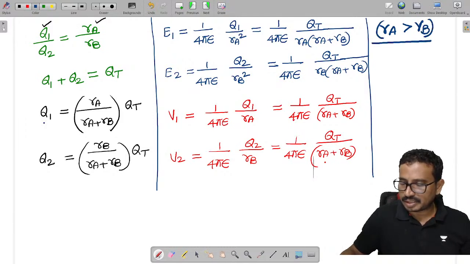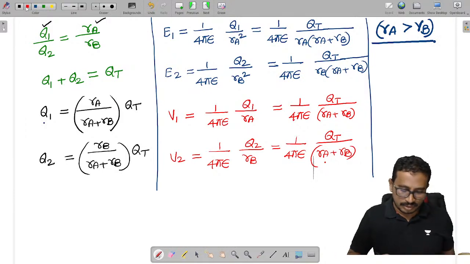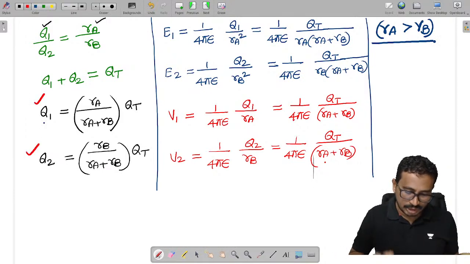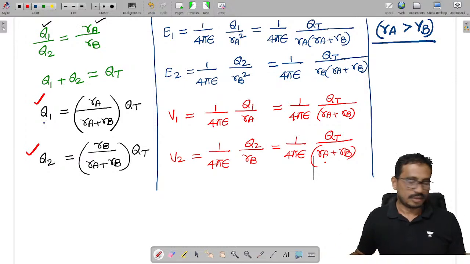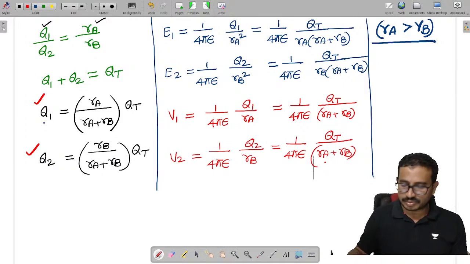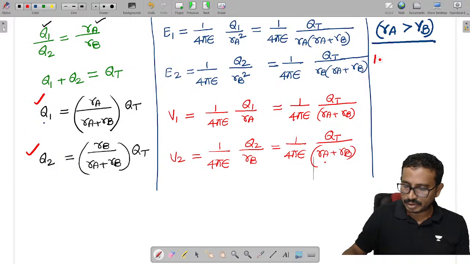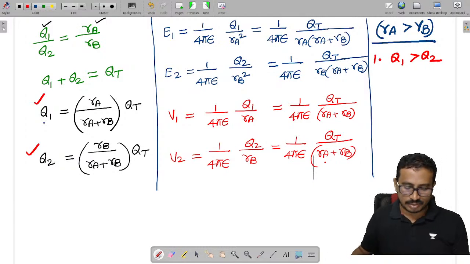Now in this Q1 and Q2, who has more charge, you tell me? If RA is greater than RB, then Q1 has more charge compared to Q2. Tell me, Q1 has more charge compared to Q2.